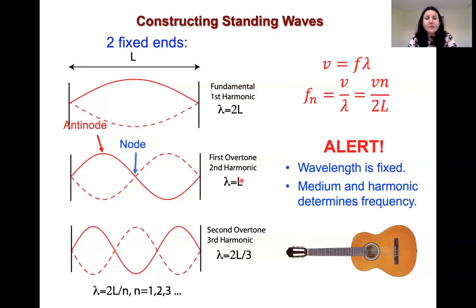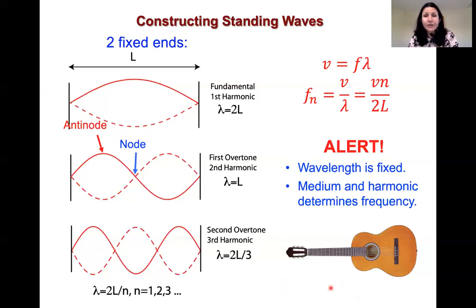All the other ones could be excited as well, but not with as big of an amplitude, and they're known as overtones. So basically, standing waves on a string with two ends fixed describe the behavior of string musical instruments.